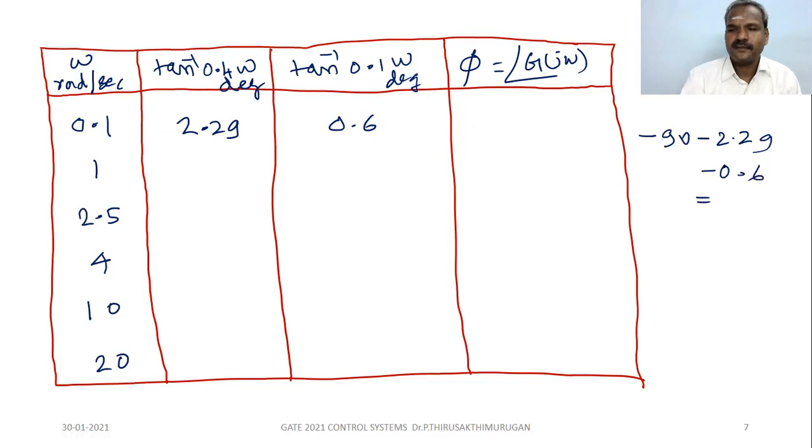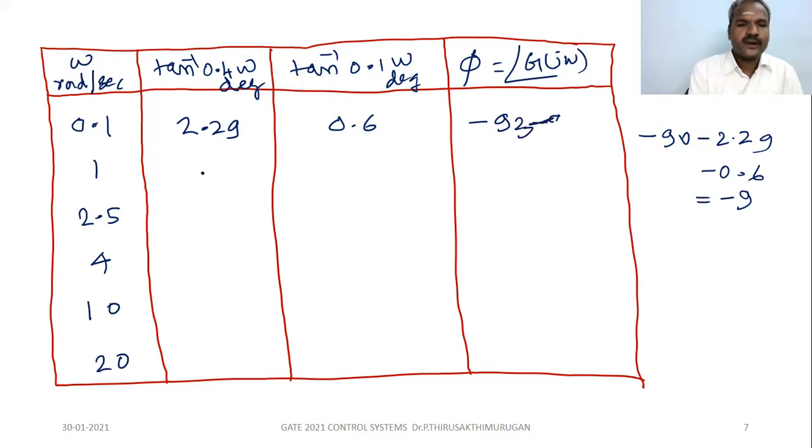So the result will be minus 92.9, right? Say approximately 92.9 or 93. We can have it as minus 93.